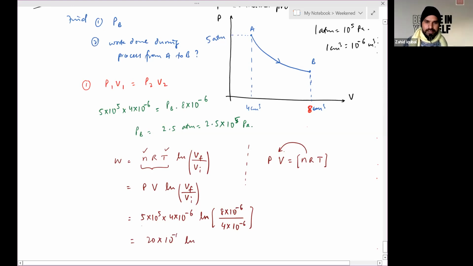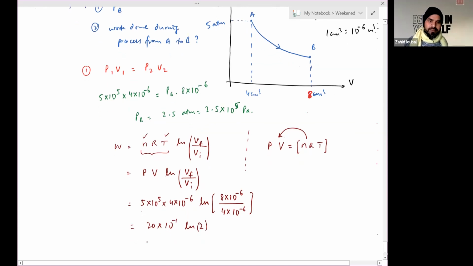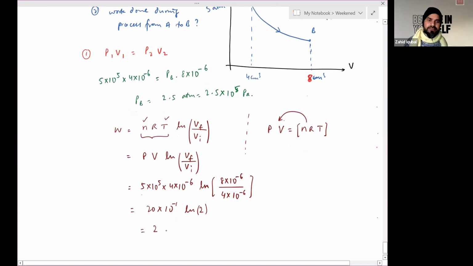In the ln, the 10 to the power minus 6 cancel out, and 8 divided by 4 is just 2. So 20 into 10 to the power minus 1 is 2, times ln 2, which equals 0.7. So it will be 2 into 0.7, which is 1.4 joule. In your examination, they will give you the value of ln, so ln 2 is 0.7.